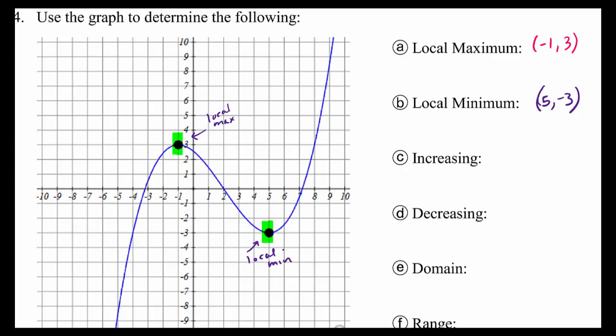Now we're looking for intervals in which the function is increasing, going uphill. And yes, we've got one right here, right at the beginning, left to right. So how would we describe those x values? Well, it's coming from the far left of the graph, isn't it? As you look left to right, far left, so -infinity. And then where does it stop? Where does it turn?